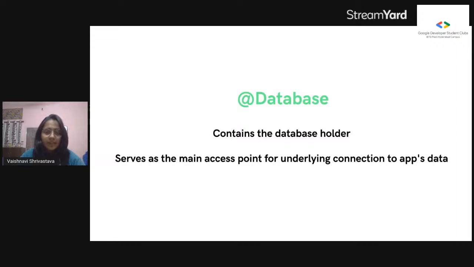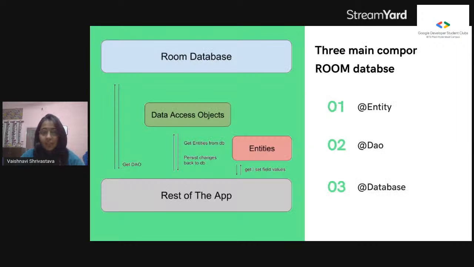It serves as the main access point for the underlying connection with the app's data. So seeing the final structure of the way the Room library works, the data access object acts as a bridge between the Room database and the rest of the app, and the entities are the data classes or the tables defined in the database. So today we'll be making an inventory management app.